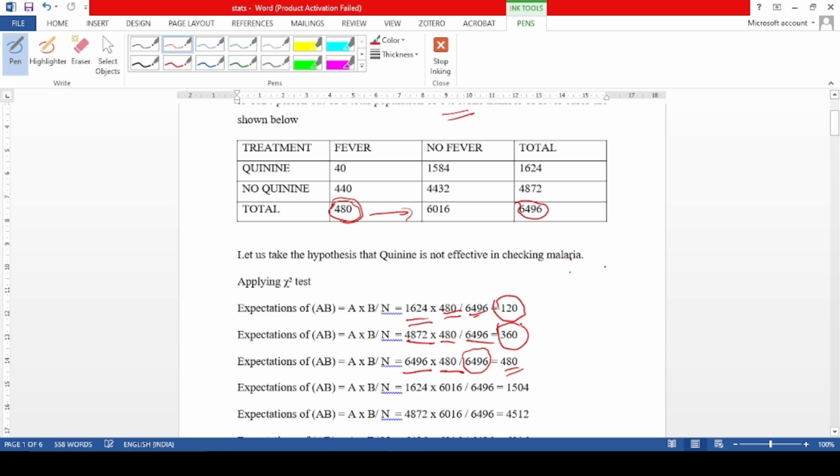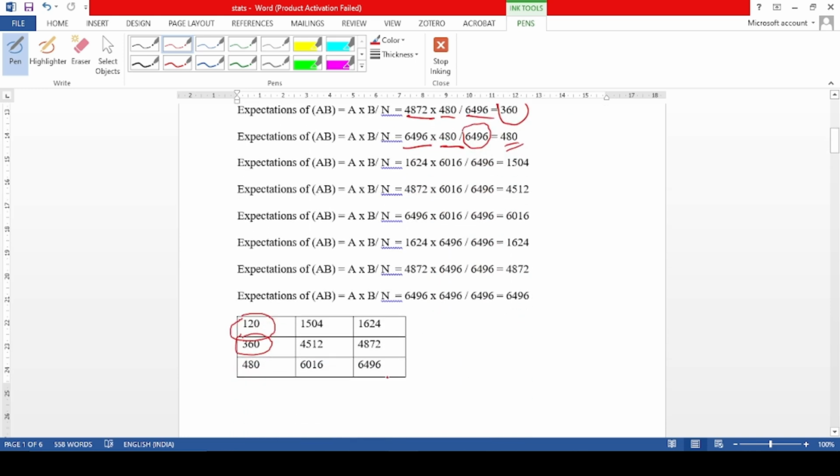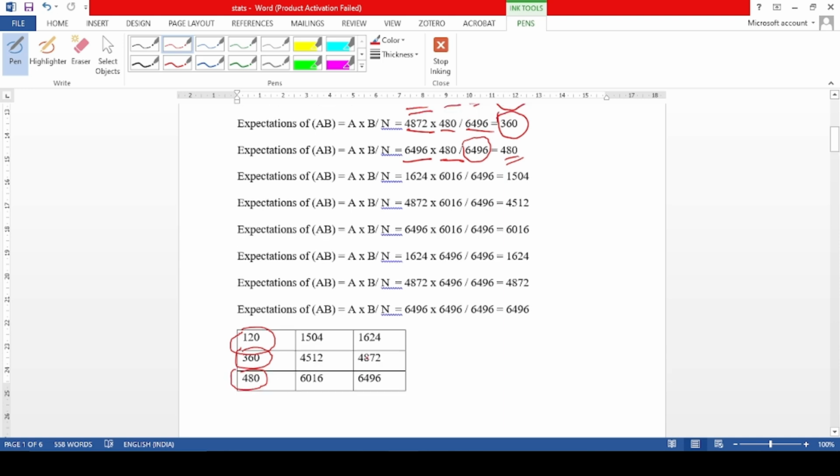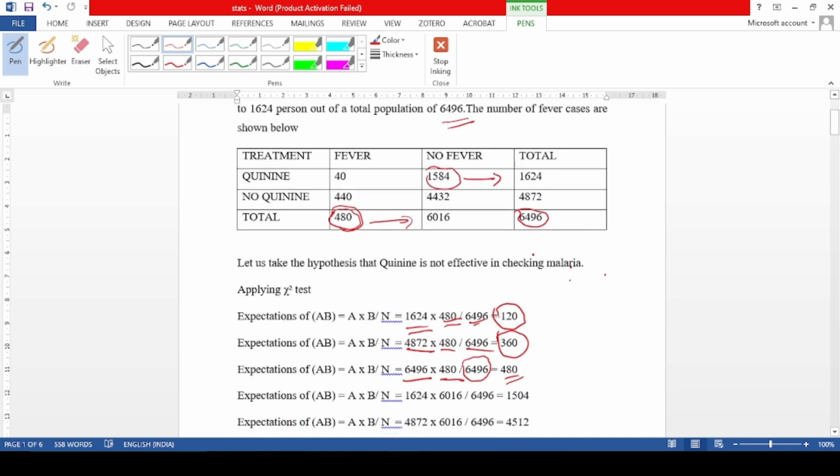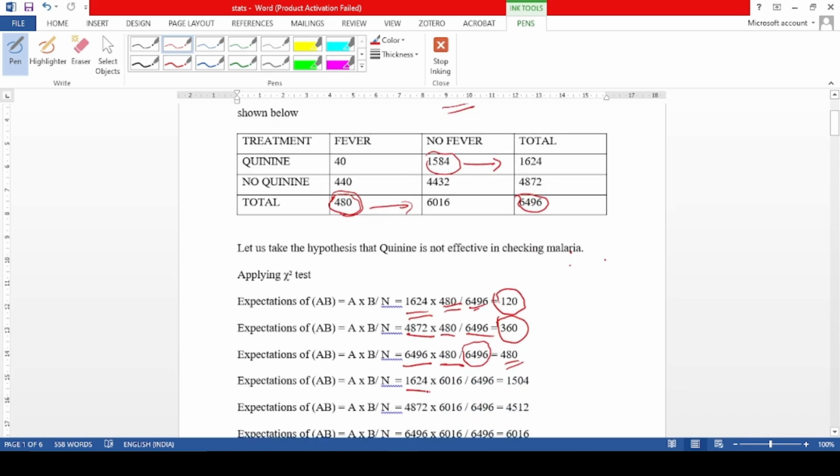And if you see here, we get the third number as 480. Now we go to the second column and the first number is 1584. The row total is 1624. The column total is 6016. And the final total is 6496. So we get 1504.